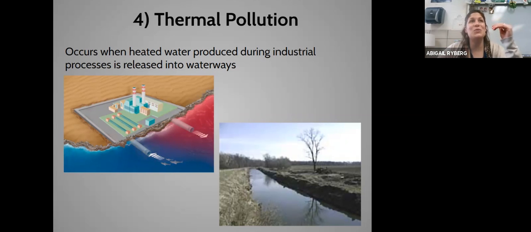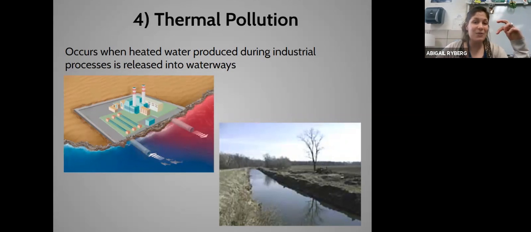But because it was used to cool unbelievably hot equipment, it's extremely warm or hot when it is spit back out into the river. So we call that thermal pollution because it has drastically changed and increased the water temperature of that waterway.